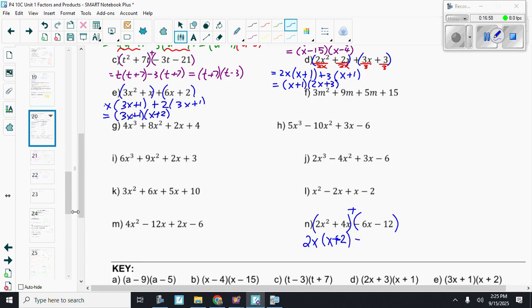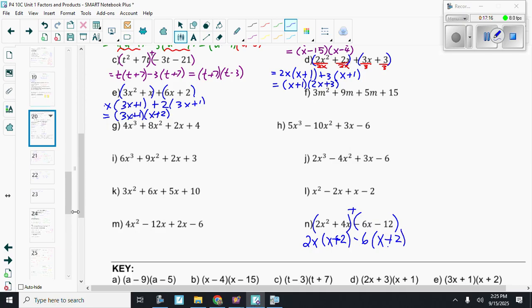Okay, so we're taking out a negative 3, and then I'm left with 2x. Not a 3, I want a 6. Okay, minus 6, and I'm left with an x, okay, plus 2.